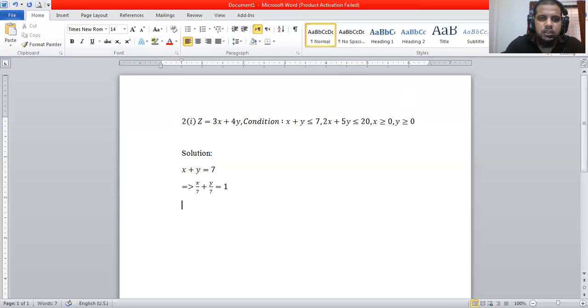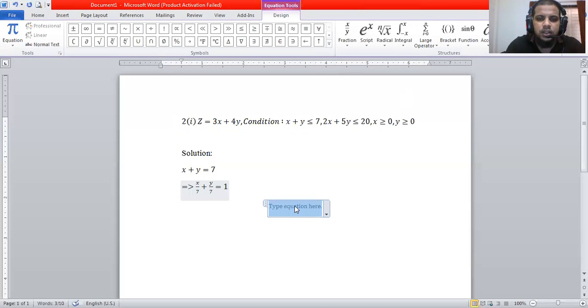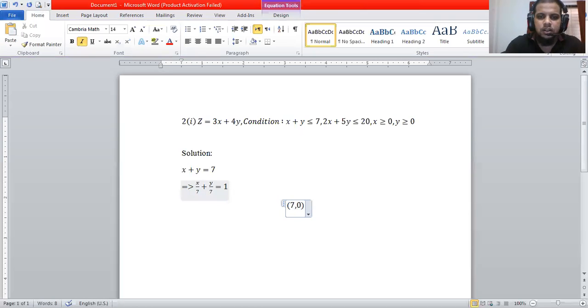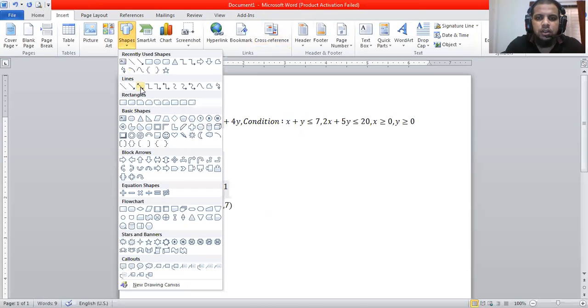So that means the line touches the x-axis at (7, 0) and the y-axis at (0, 7). So now we have to draw the graph.